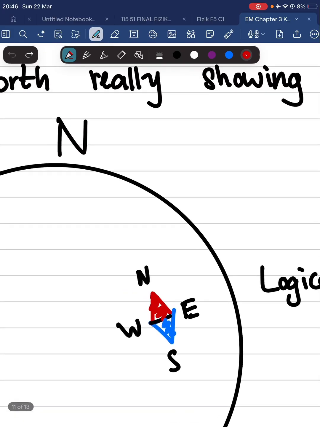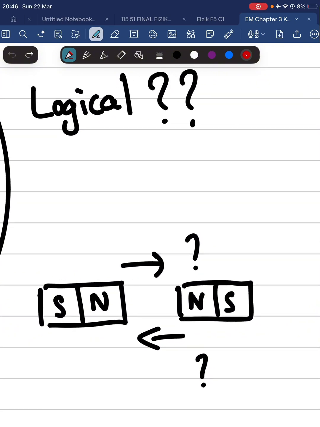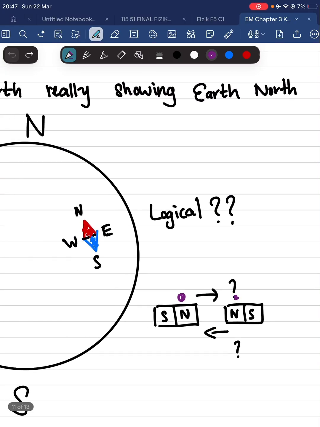So when you say that this compass is showing the north pole of the Earth, analogously, you are saying that magnet 1 is directed to the north pole of magnet 2. So they're kind of attracted to each other. Is that logical, you think? No, right? The north pole is supposed to be attracted to the south.